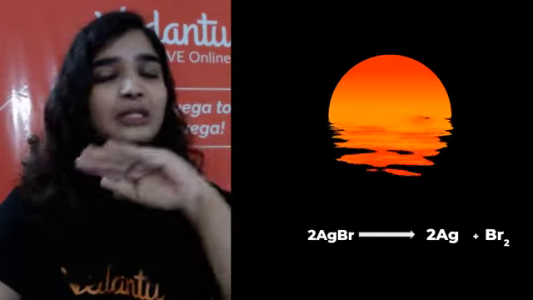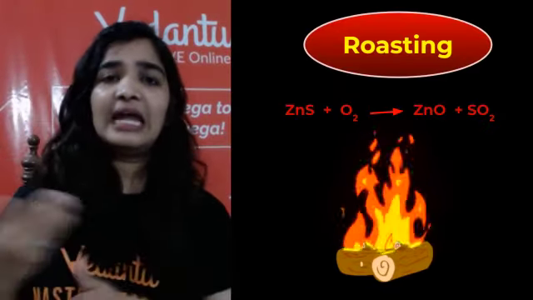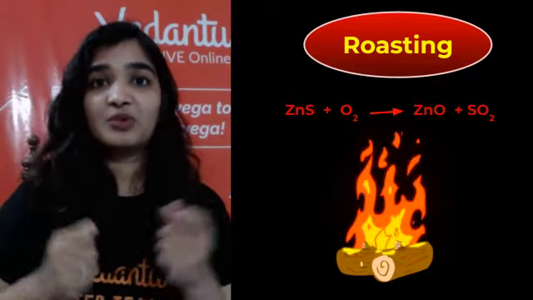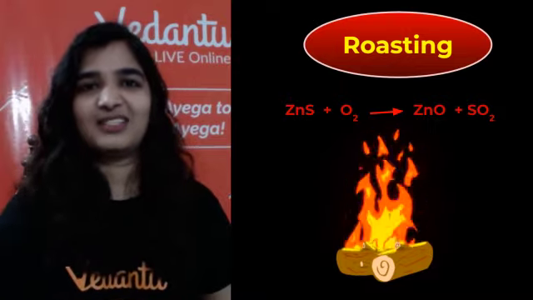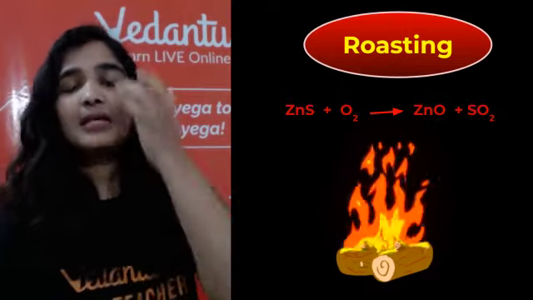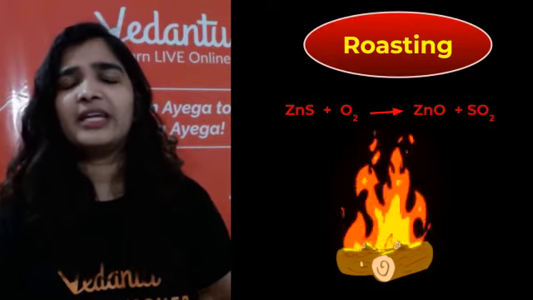Okay, second reaction done. Next we have roasting and his twin brother calcination. Not the type of roasting where we roast our friends. No, this is literally roasting. You have different kinds of ores: oxides, sulfides, carbonates.